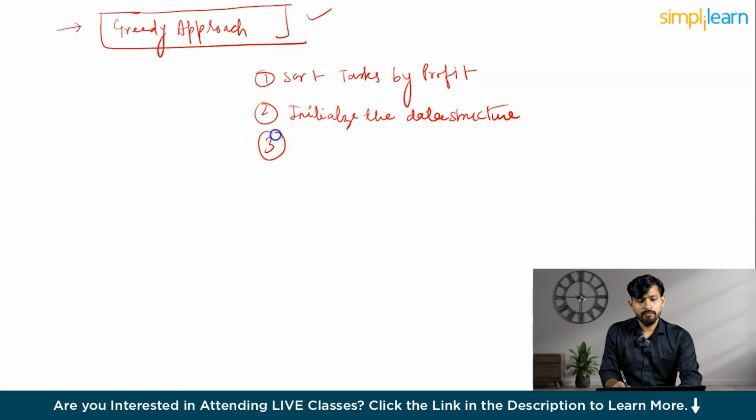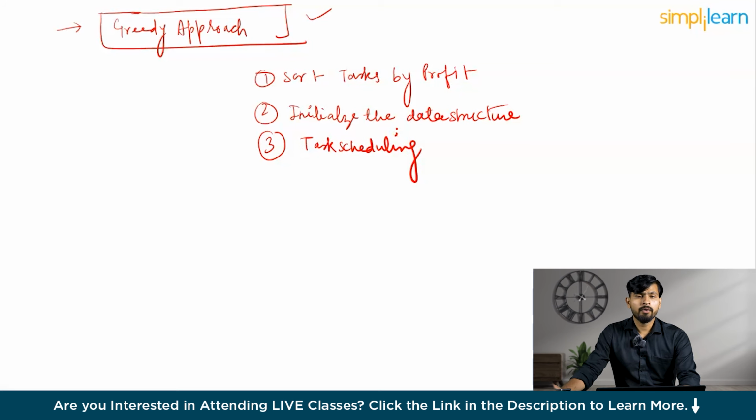Third, we are going to do task scheduling. Now we are going to iterate over the sorted list of tasks, and for each task we are going to attempt to schedule it as close to the deadline as possible. We are going to start from the task deadline slot and move backward to find a free slot.